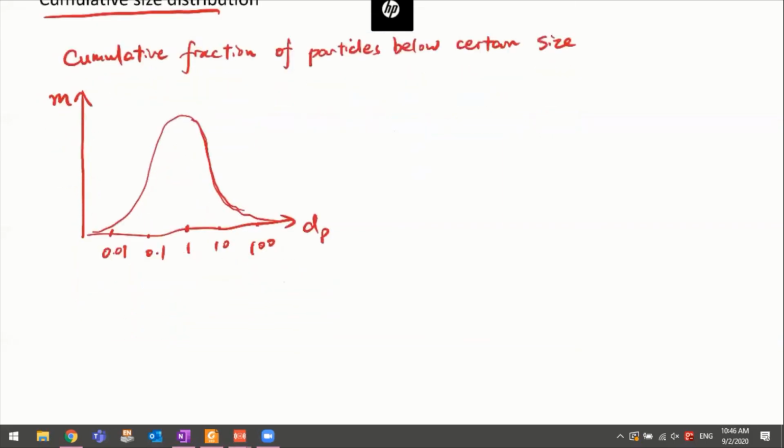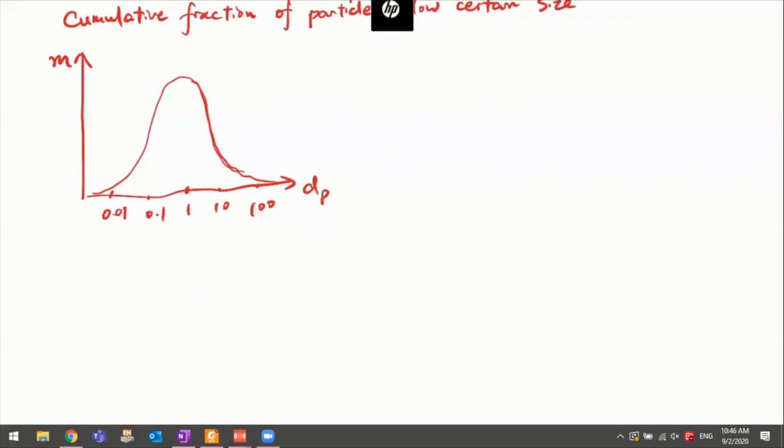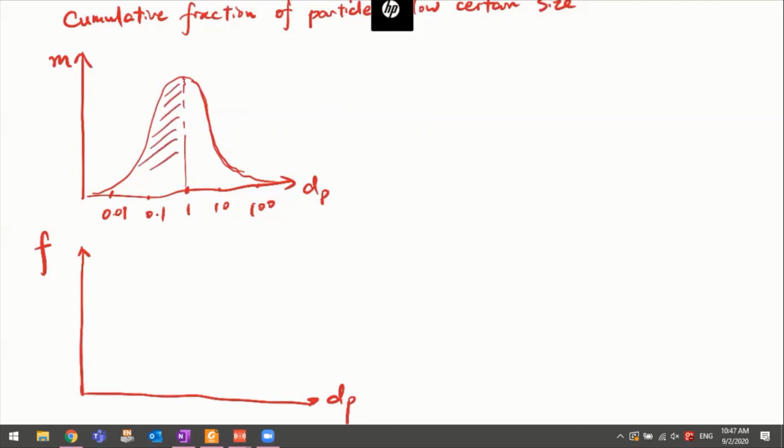So the cumulative fraction is just, we're trying to answer the question. Let's say the cumulative fraction of particles below 1 micrometer is just the entire mass that is below 1 micrometer divided by the total mass. Okay, divided by the total mass.